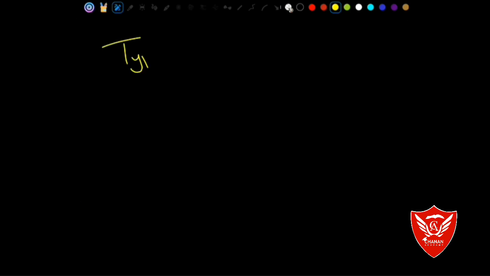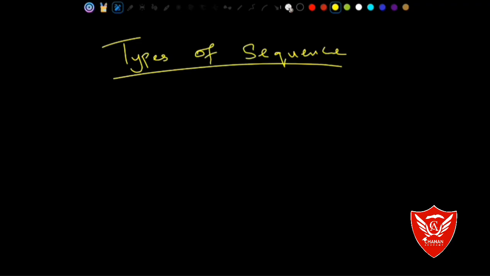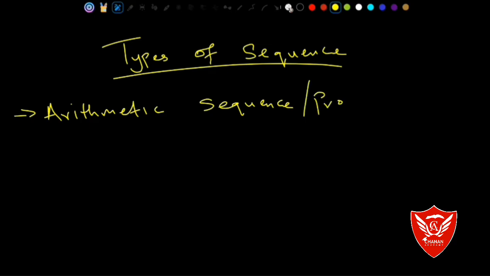Types of sequence. Majorly, we have 2 types of sequence. The first one is called the arithmetic sequence or progression, AP.